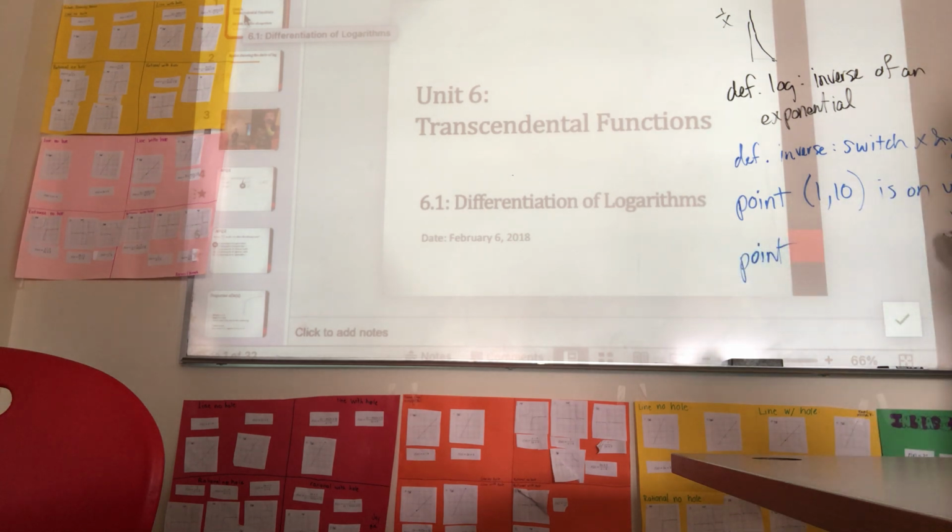So the inverse of this would be y equals log of x, and the point 10 comma 1 would be on that. That's what I mean by inverse, switching x and y. Wherever exponentials are, you switch all the x's and y's, and that's where logs are.